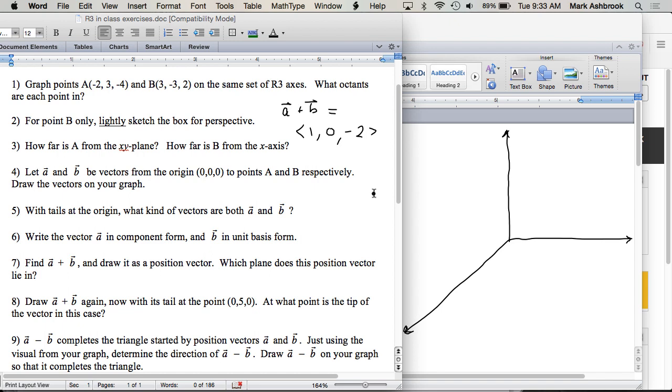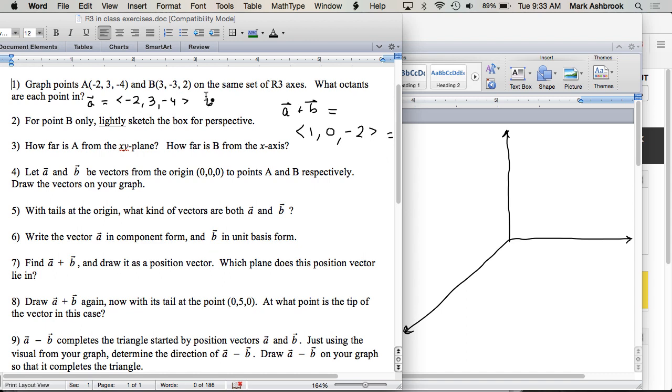Okay. And then what's the magnitude of A plus B? Because A and B are the vectors from 0, 0, 0 to these points, then these are the vectors A and B. So the vector A is -2, 3, -4.